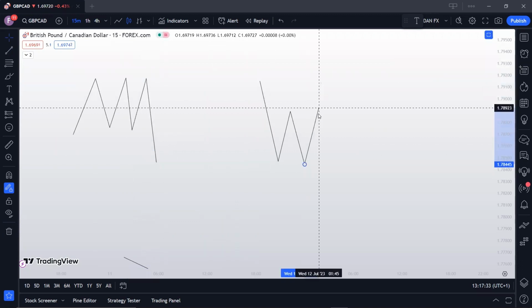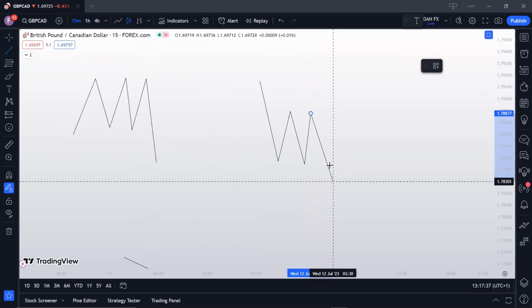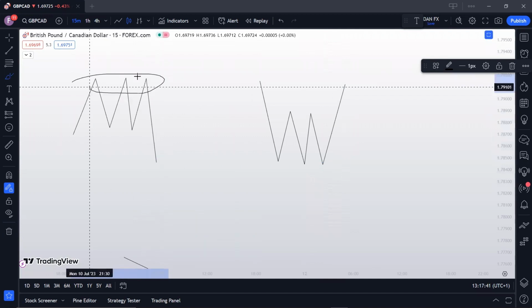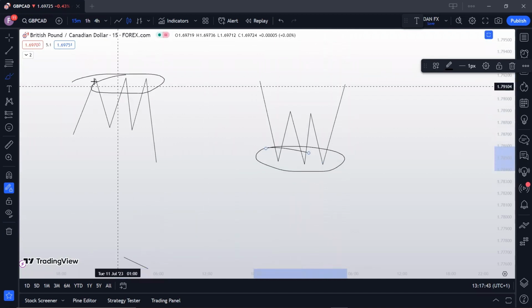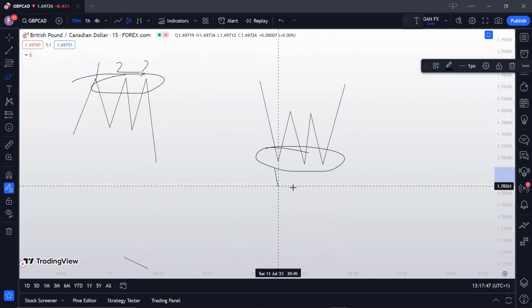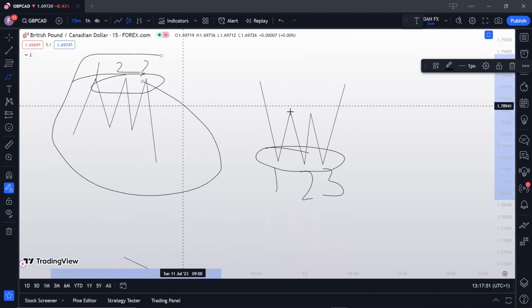Then here too, the market gives you a third leg like this. So this is your triple top and this is your triple bottom. You have 3 tops, 1, 2, and 3. And then you have 1, 2, and 3. This is your triple top and your triple bottom.